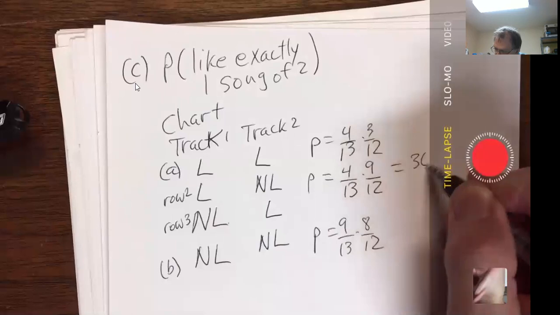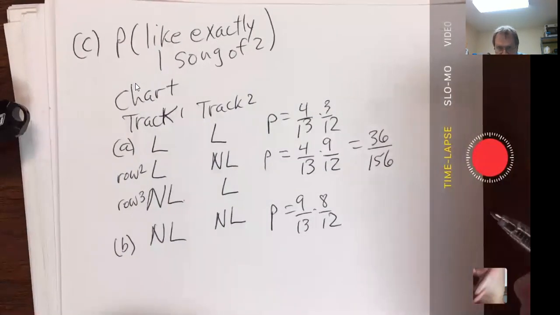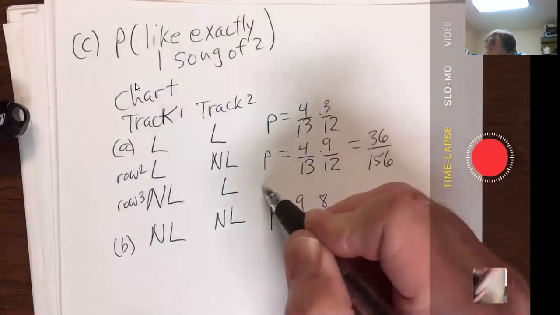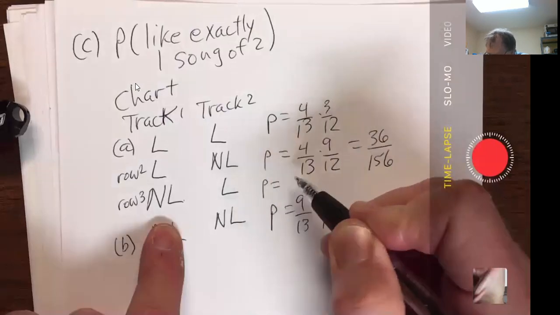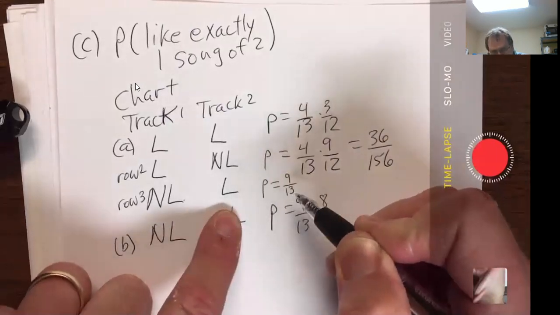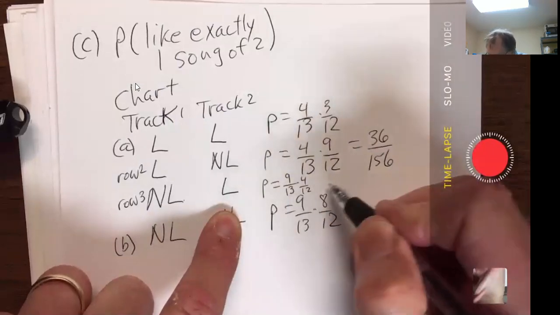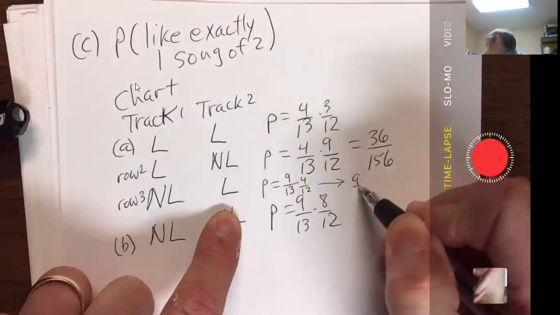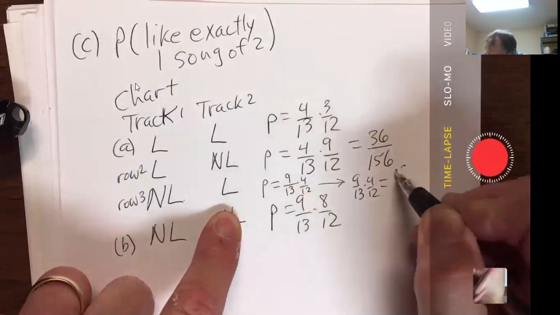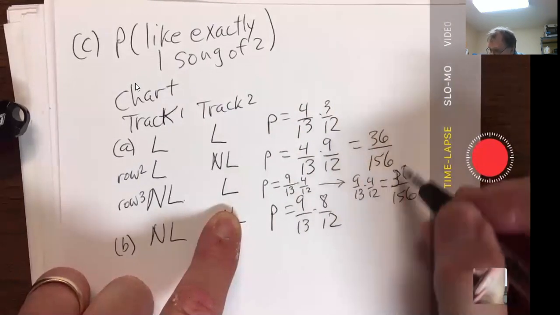That's going to give you 36 out of 156. Little bit of room, try to squeeze row 3 in here. Row 3, you're starting with not like, which is 9 out of 13. Then the condition changes, so you like 4, but you're out of 12. 9 out of 13 times 4 out of 12. That's also going to be 36 out of 156. Just reverse, so it's still got the same number.